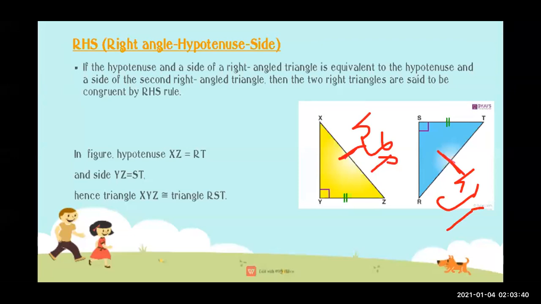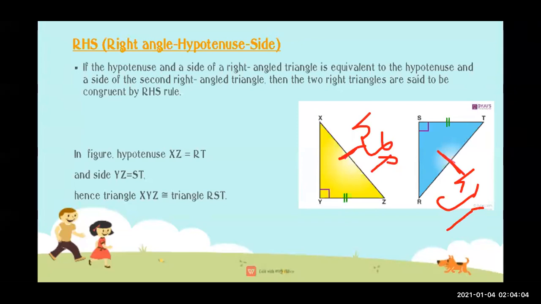So here we can see, if the hypotenuse and a side of a right angle triangle are equal to the hypotenuse and a side of a second right angle triangle, then the two right angle triangles are said to be congruent by the right angle hypotenuse side rule. Now what is our hypotenuse?